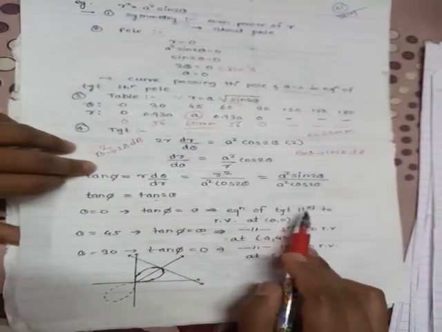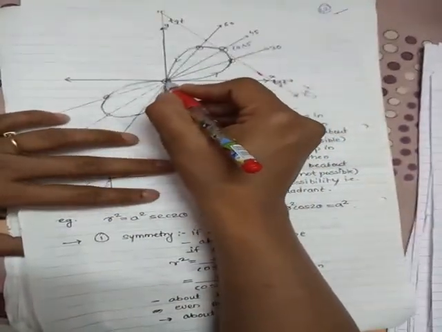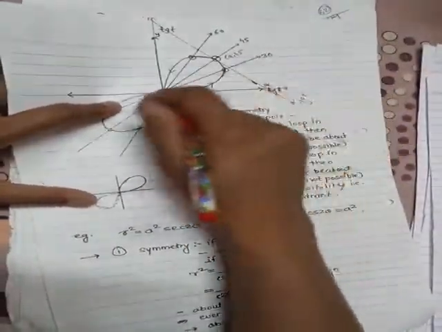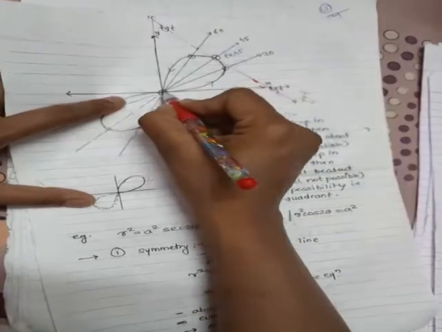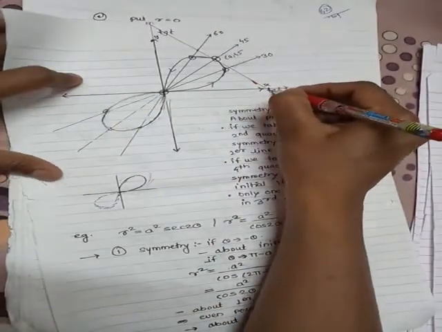Now the tangents. The tangent is parallel to the radius vector at 0, 0. 0, 0 means origin. At theta equal to 0 means the positive x-axis. At this point, the tangent is parallel to the theta equal to 0 line. That is, your positive x-axis is your tangent.